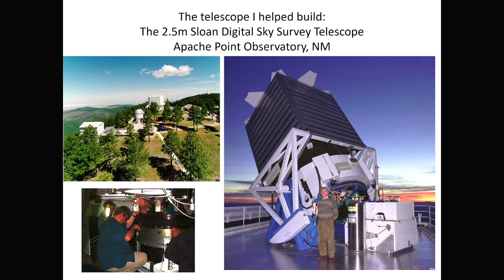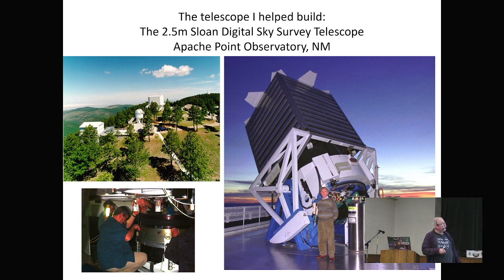So this was a telescope that I helped build at Apache Point Observatory in New Mexico. It is the 2.5 meter Sloan Digital Sky Survey telescope, which was the first telescope that the Sloan Survey built. And we attached this $4 million CCD camera to the bottom of that telescope.